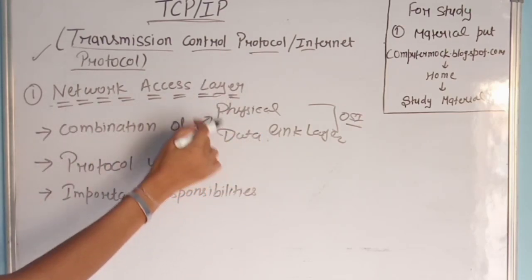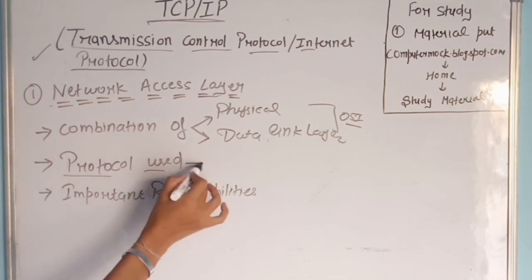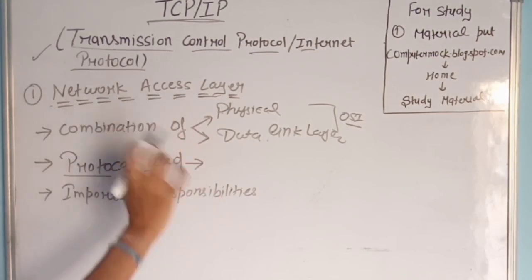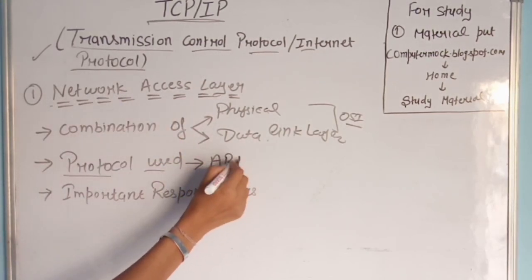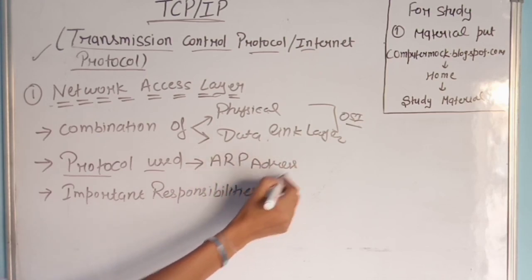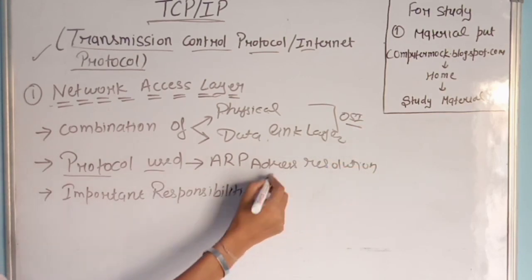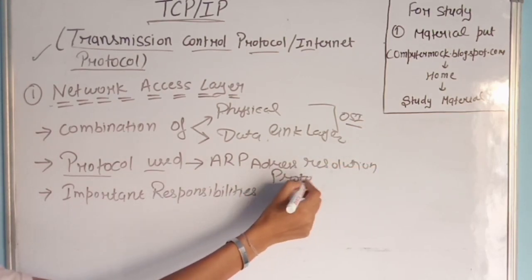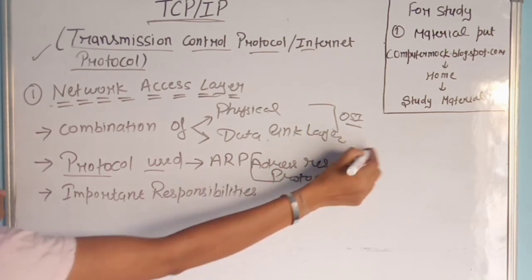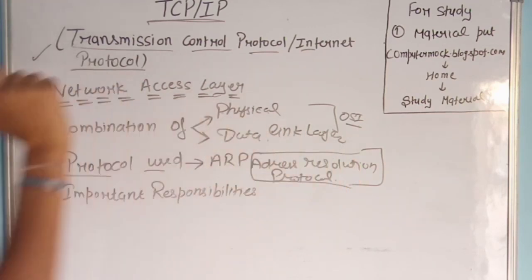Next is the protocol used. The protocol used in the TCP/IP network access layer is ARP, the address resolution protocol. It can find the hardware address for the data transmission.